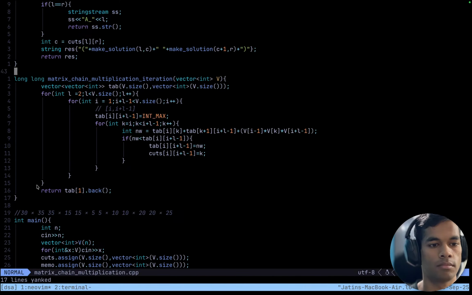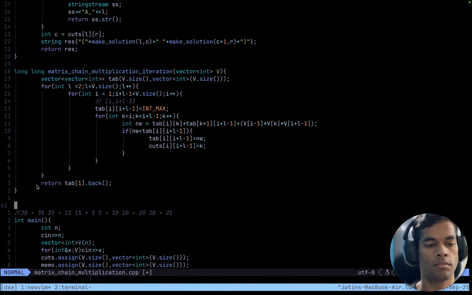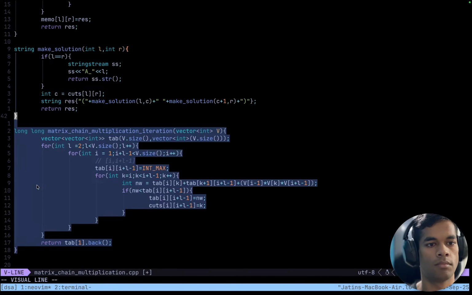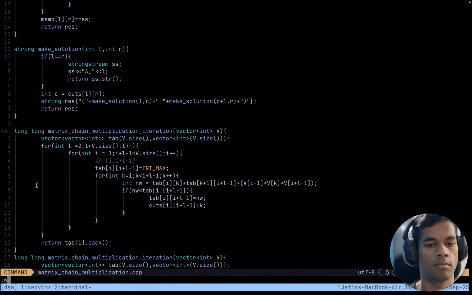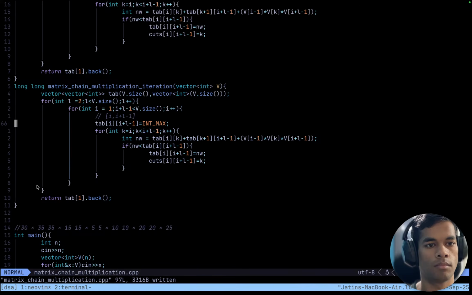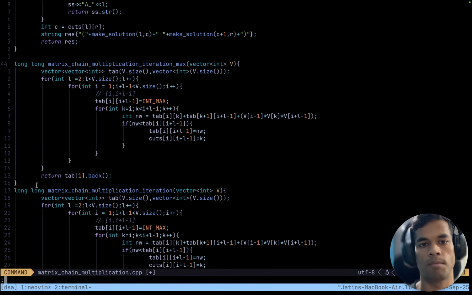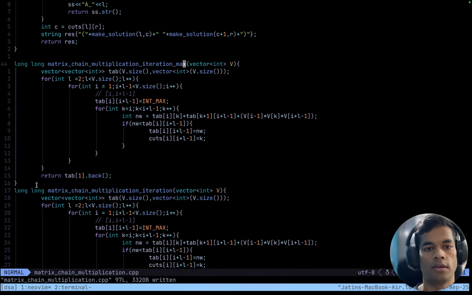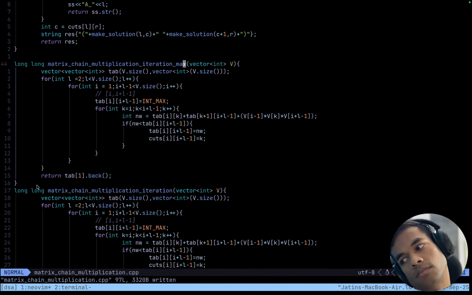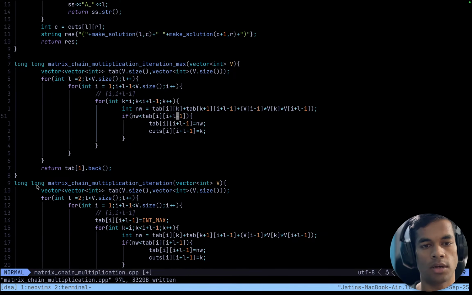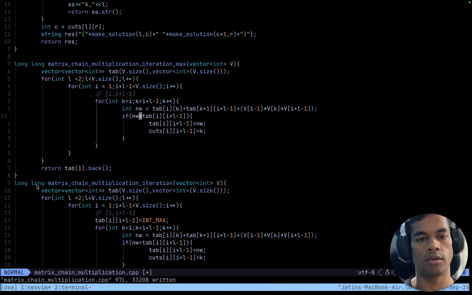Copy paste, and we will call this the max variant. This takes in a vector, and initially we are not doing this step now, and we will update whenever the new value is greater than what we have.